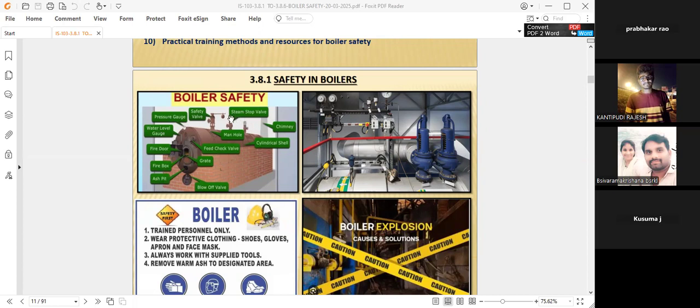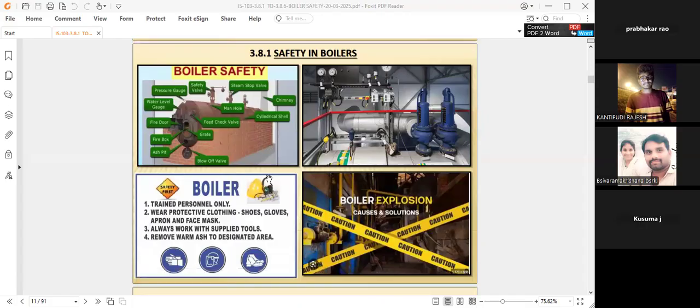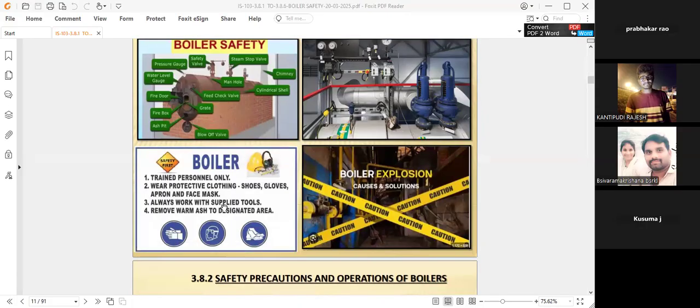These are the boiler parts to maintain safety. These are the areas where we have to see that the function is proper. In one figure, the pressure gauges are there, the various monitoring systems are there, and the boiler display system is there.